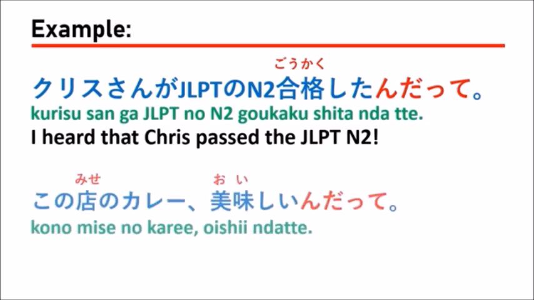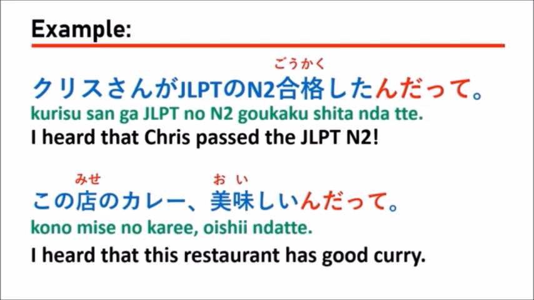The next example: この店のカレー美味しいんだって。Which means, I heard that this restaurant has good curry.